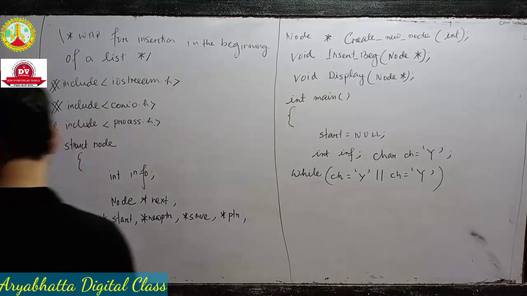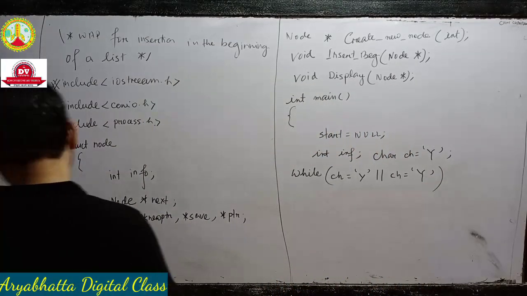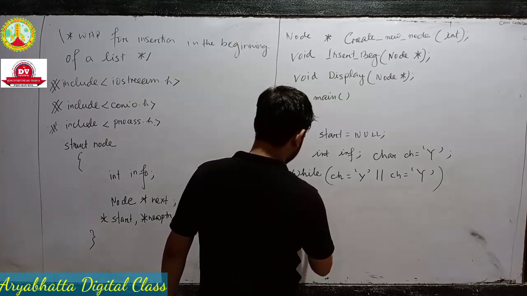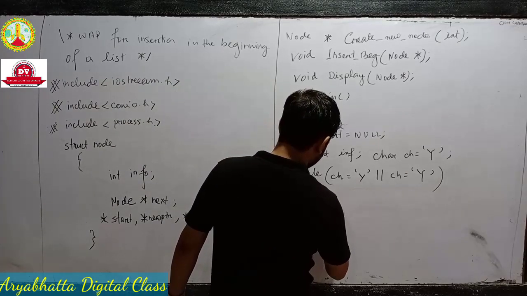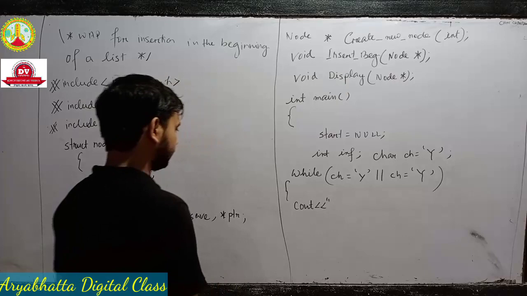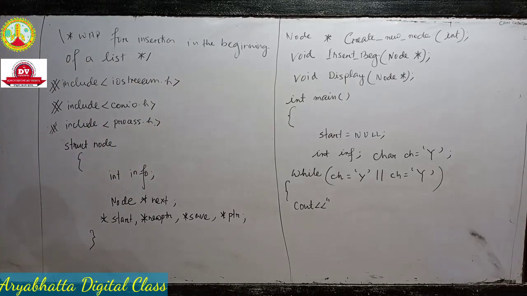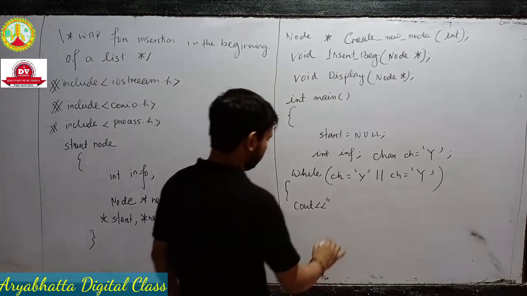Then cout: enter information for the new node, backslash n.